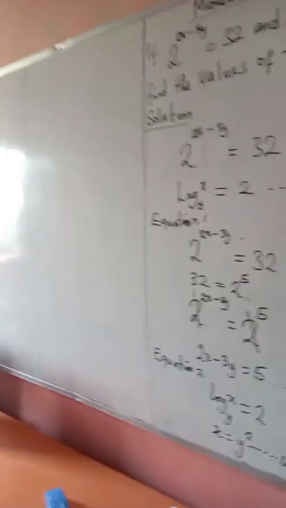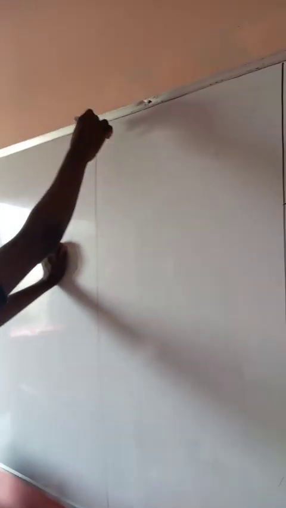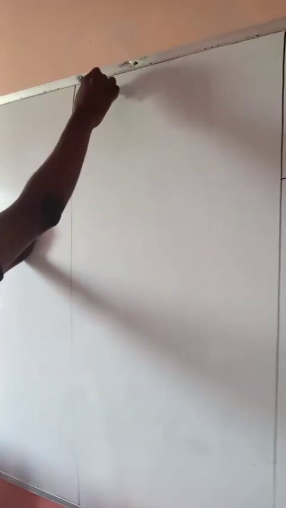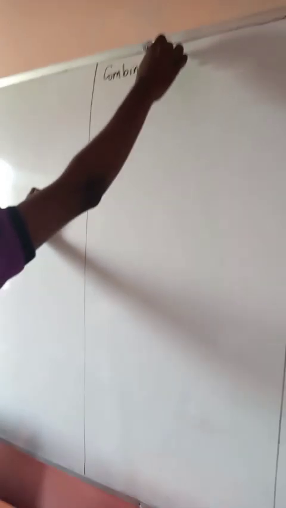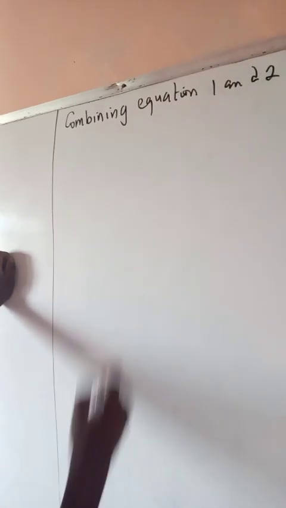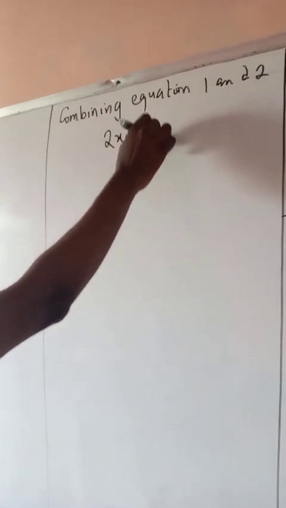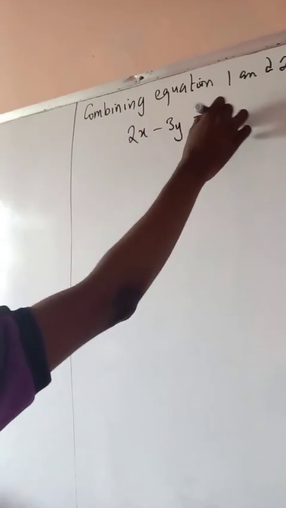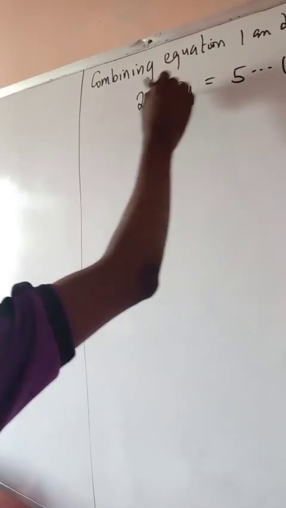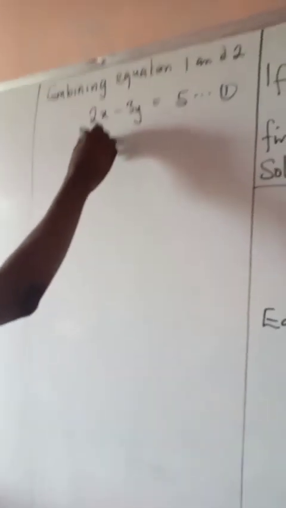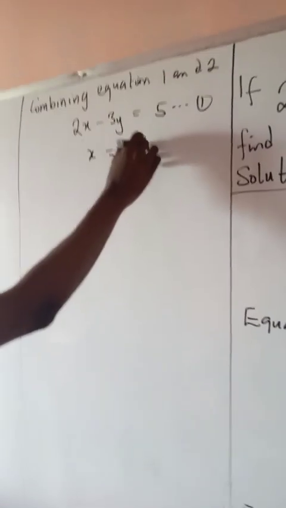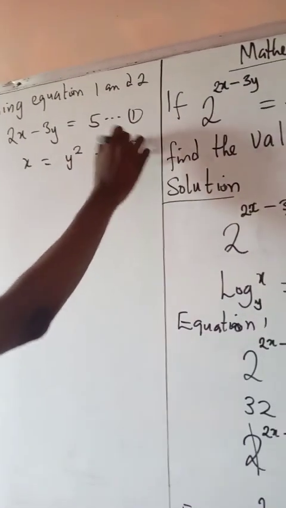So from there, combining equation 1 and 2, we have 2x minus 3y is equal to 5, equation 1, and x is equal to y square, equation 2.